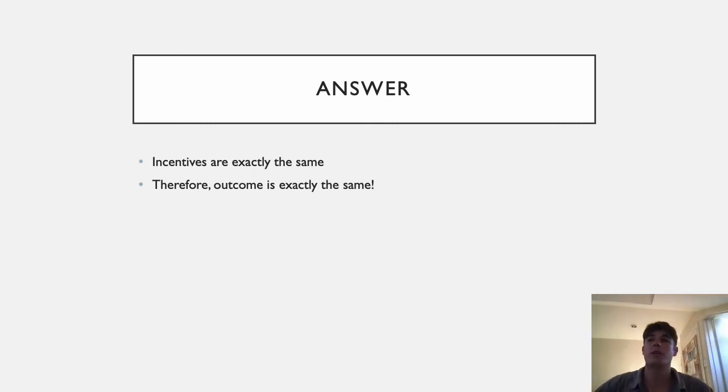If you're a firm that doesn't have these allowances, then you can either buy them or not produce. If you're a firm that does have these allowances, then you can either sell them for effectively the exact same price as you would have been able to buy them for, and not produce, or you can produce and not sell them. So the outcomes are the exact same, and I'm going to prove that mathematically in the next question.